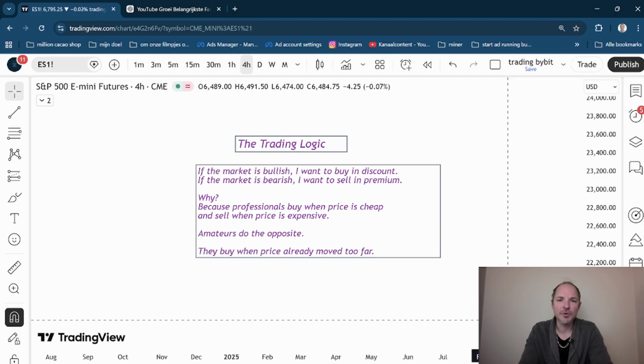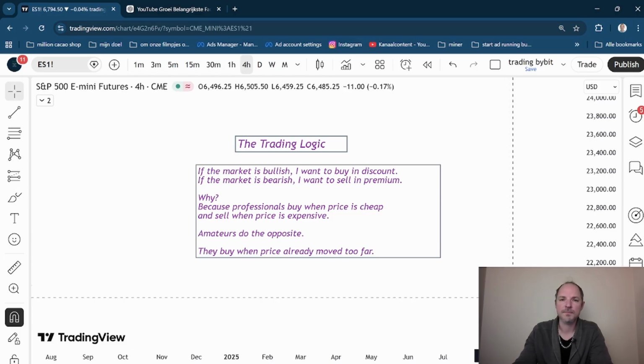Amateurs, or non-professional traders, just trade from everywhere. They buy when the price has already moved too far away from a premium or discount. And that's the reason why a lot of value gaps also don't work.